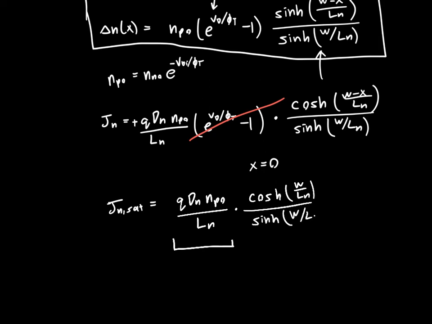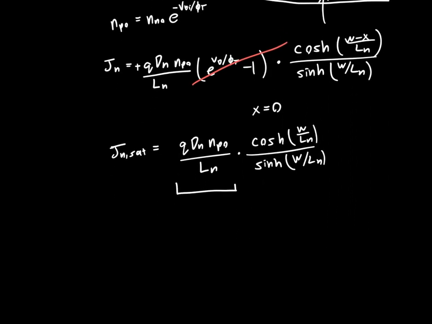And if we want to make things even simpler, or at least from a writing perspective, this is equal to Jn sat ideal, or our ideal saturation current density from an infinitely long diode, times coth of W over ln, which is 1 over tanh of W over ln, which is just a way of writing 4 exponentials in the smallest way possible.